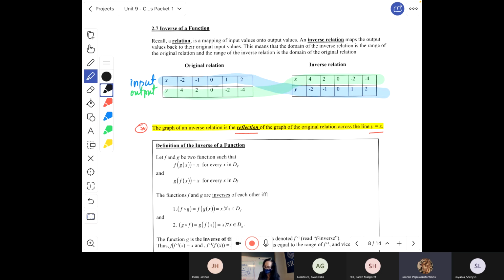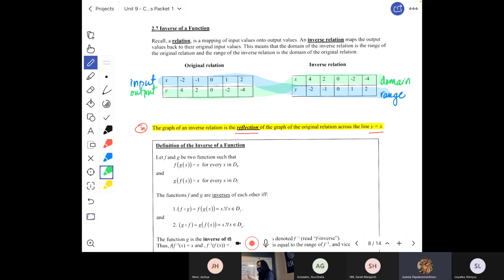So what is happening? The domain and the range are changing. The domain of the original relation becomes the range of its inverse. The range of the original relation becomes the domain of the inverse.